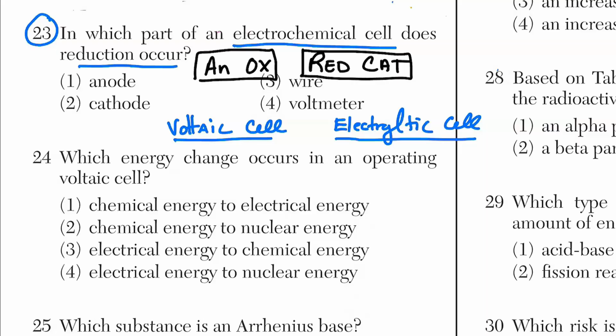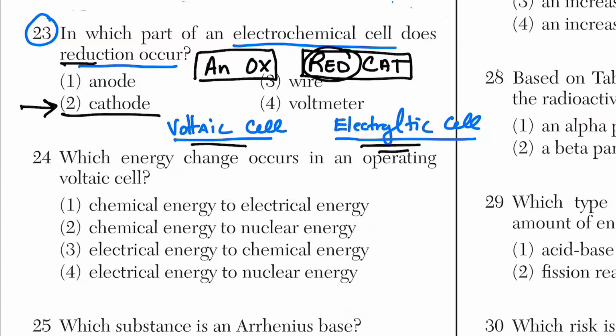So in any case, they're looking for where does reduction occur? Well, RED CAT means reduction at the cathode. So choice 2 is the answer. AN OX, RED CAT, nice mnemonic there. No matter which cell you have, the battery or the one that requires energy, AN OX RED CAT works for both of them. So reduction is always at the cathode, no matter whether you have the battery or not.